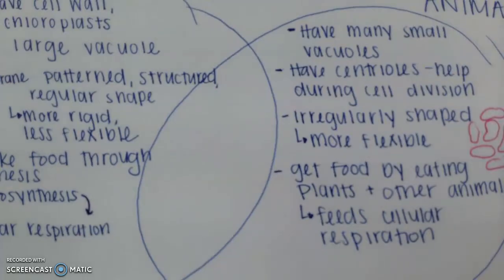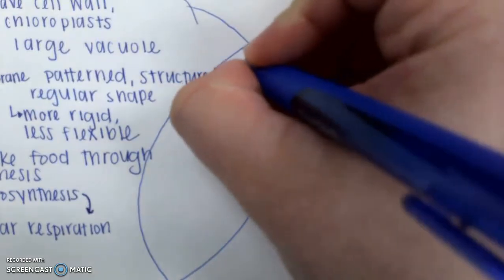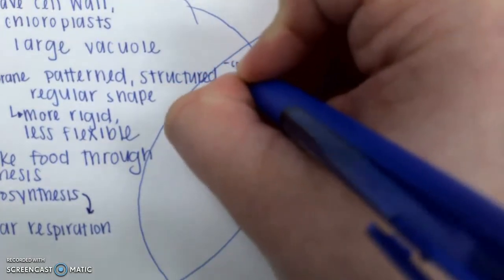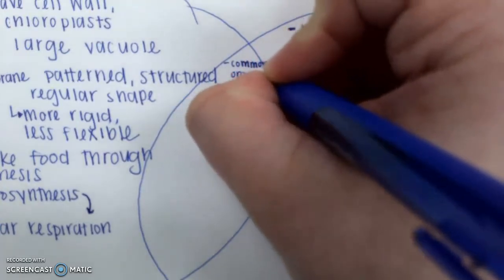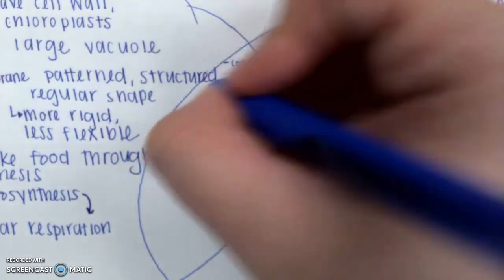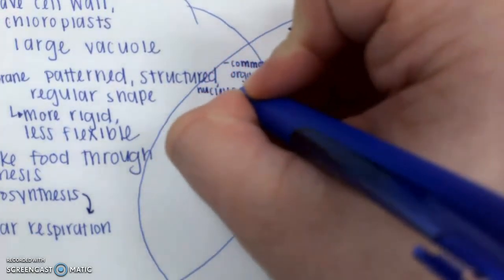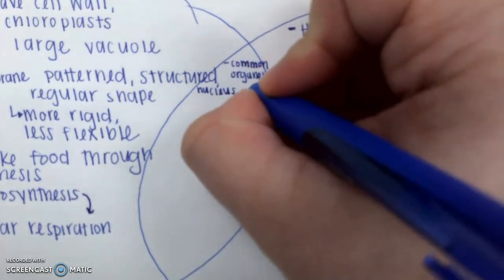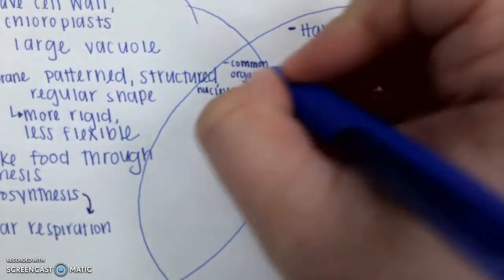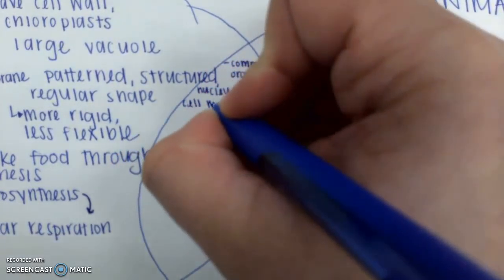So, first, let's list out all of the common organelles. They have a nucleus. They both have cytoplasm. Cell membrane, ribosomes.